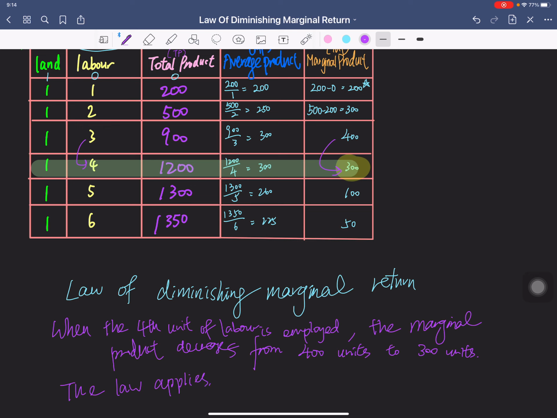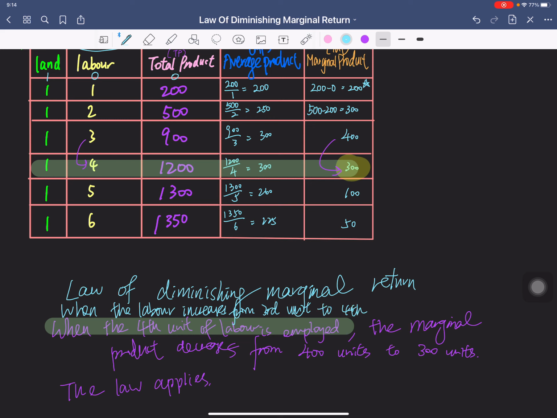Alternatively, you can say when the labor increases from the third unit to the fourth unit, from 3 units to 4 units.